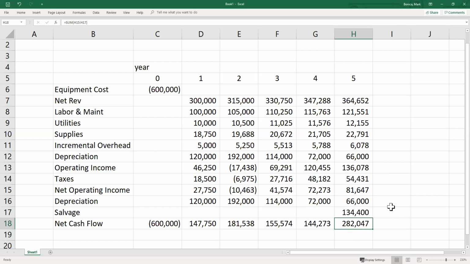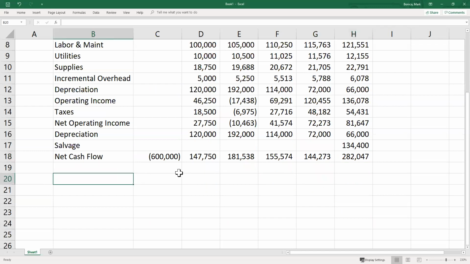And so now we need to calculate the project's NPV and IRR. Okay, so net present value is going to be based on the cost of capital, which is 10%. So we're going to take the initial purchase of $600,000, and we're going to add to it the present value of the cash inflows, discounted at 10%.